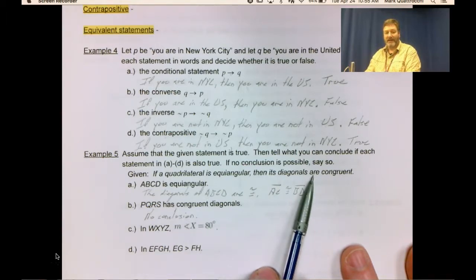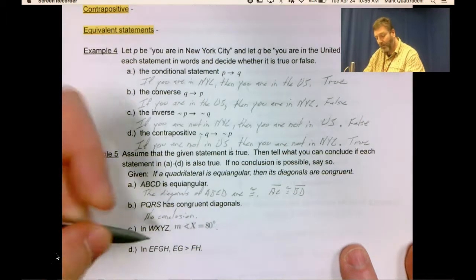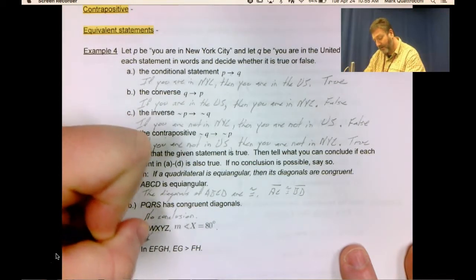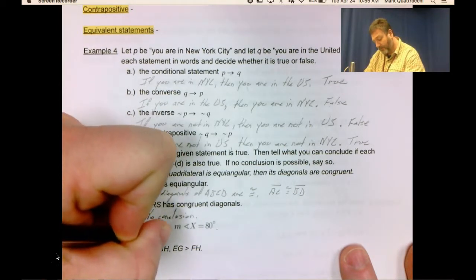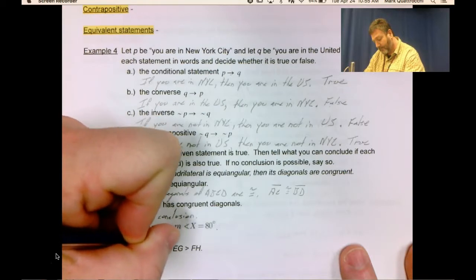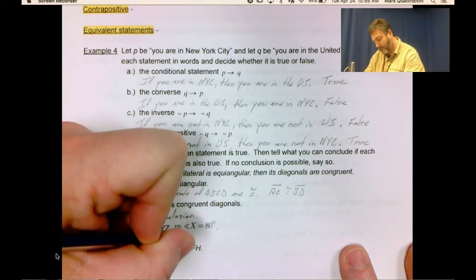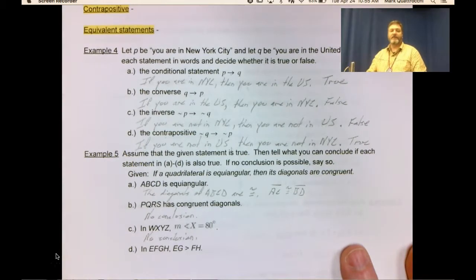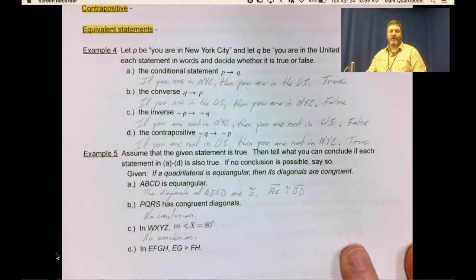So we can't say that WY is not congruent to XZ. The only thing we can conclude is no conclusion. And again, it's because the inverse and conditional statements do not have to have the same truth value. Part D.